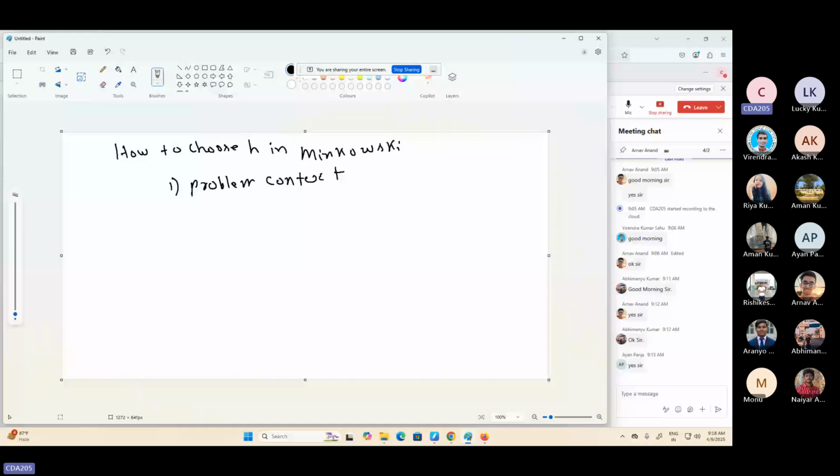Like, first, when we have movement in a grid like path, in that h is equal to 1 is more appropriate. Means Manhattan distance is more appropriate. Grid like path, can anyone tell me a real life example?